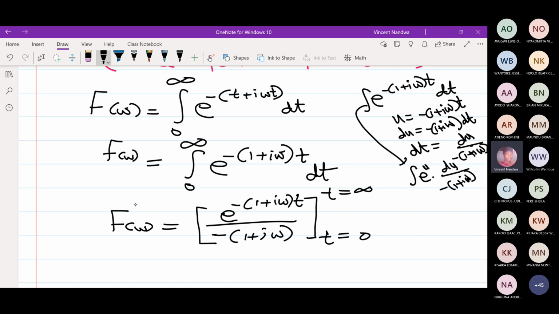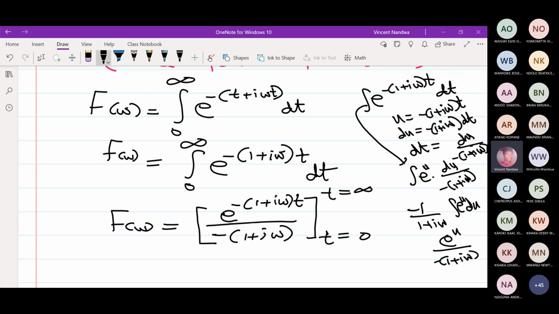You can factor out this term because it doesn't have a u. So negative 1 over (1 plus i omega) times the integral of e power u du. And when you integrate exponential u, you get exponential u. So e power u over negative (1 plus i omega).